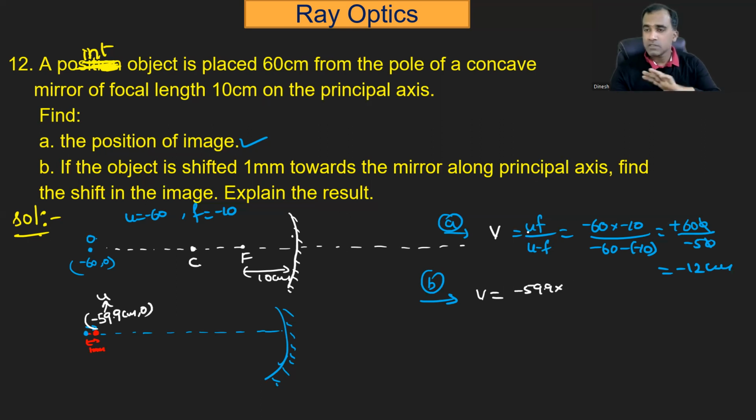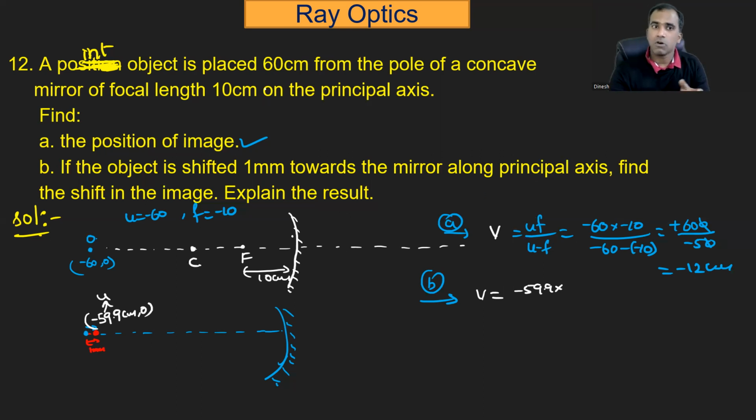Here, we are not converting into SI units because it's not required. The focal length and the object distance are both in centimeters, so you can substitute them in centimeters itself. If you substitute in meters, it will become complicated because multiplication with decimal points is trickier, though there is nothing wrong in doing it in meters.